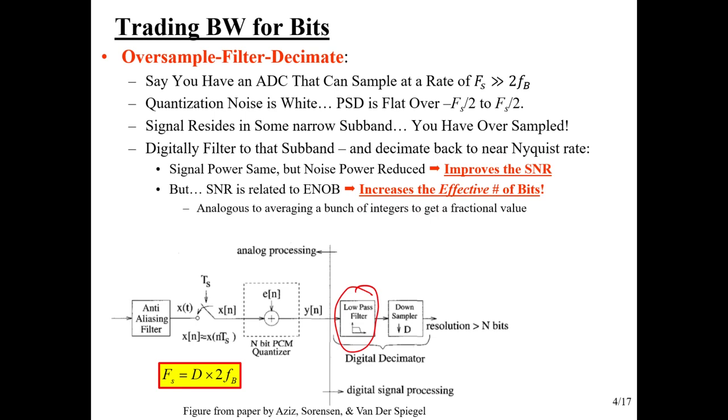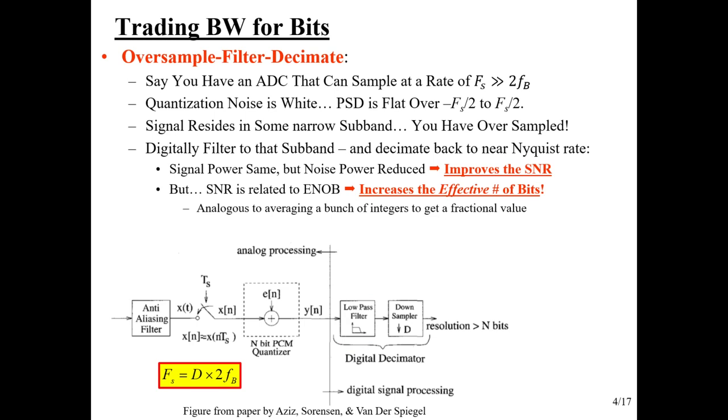And so if we take a bunch of measurements and we get a bunch of different integers, so maybe we get 19, 20, 21, 22, and we get a bunch of different versions of those, you average them together and you might get something like 20.23. So somehow we got that extra resolution despite the fact that we could only measure integers. That's kind of what we're doing here. The analogy doesn't quite exactly work, but that's the basic idea.